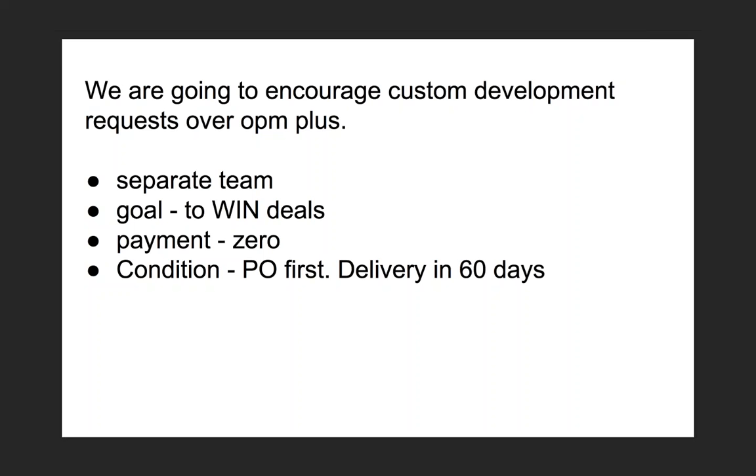So whatever the customer requires, if it is going to be a valid feature, we are going to include that in the product for free, once the customer has purchased the product. We are going to have a separate team to do that, and the idea is to win more deals and not to lose any deal because a particular feature was not available.